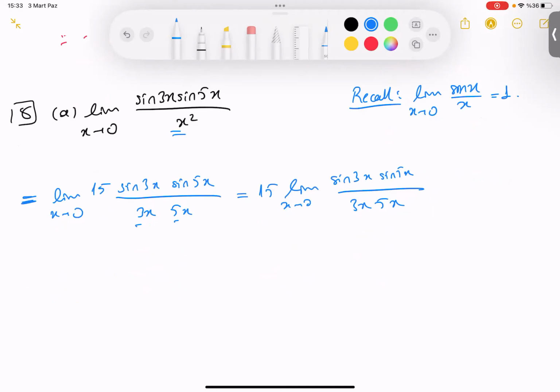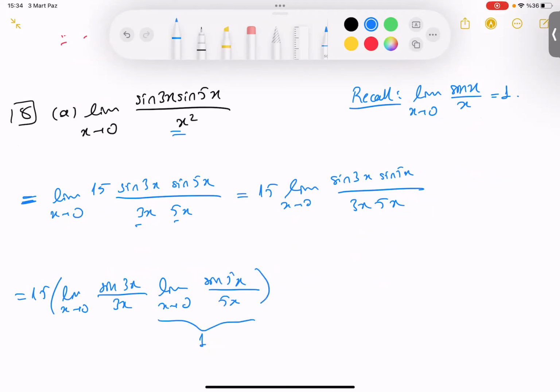Now you know both limits exist, so you can separate them. In the parentheses, let's write it: sin 3x over 3x and limit of this thing. Now by the recall, you know this is equal to 1, this is equal to 1, so you get 15.